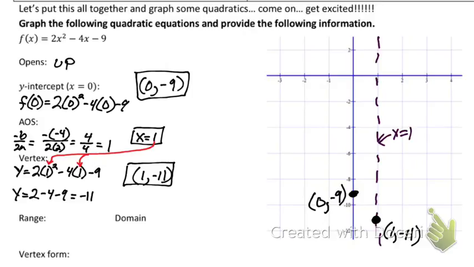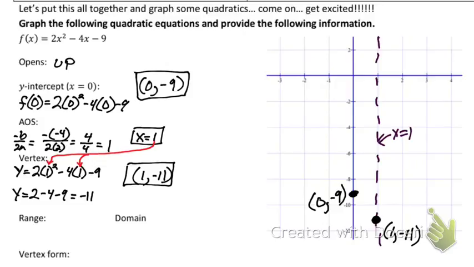This is all the information we need to make a pretty good accurate graph. And that's because this is my axis of symmetry. So what happens on the left side of the graph must happen on the right side of the graph. So you look at this point. I'll draw a little picture. Let's just use light blue.